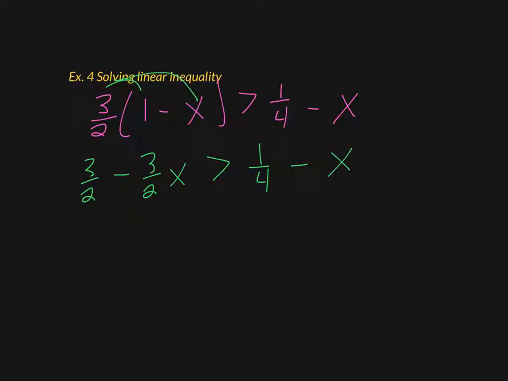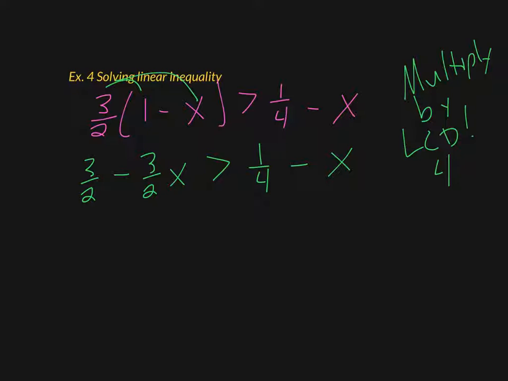Now, let's get the x terms on the same side. Actually, anyone remember the shortcut way to get rid of the fractions? Let's multiply by the LCD. In this case, the LCD would be 4.